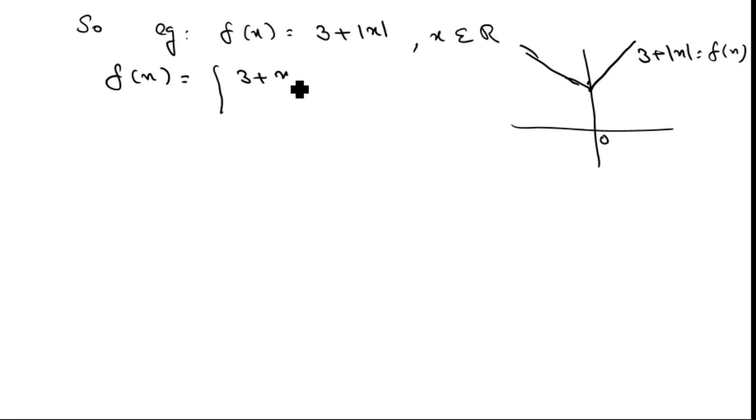So we'll get f of x equal to 3 plus x when x is greater than 0. Since absolute value of x is x when x is greater than 0, and absolute value of x is minus x when x is less than 0, therefore 3 minus x. When x equal to 0, absolute value of 0 is 0, 3 plus 0 is 3.